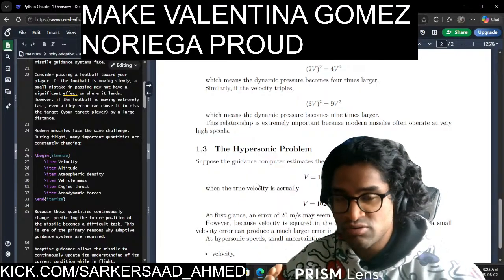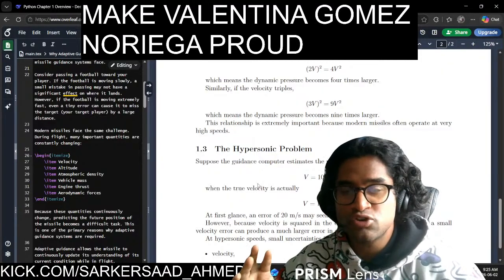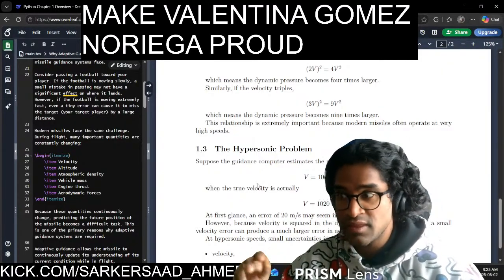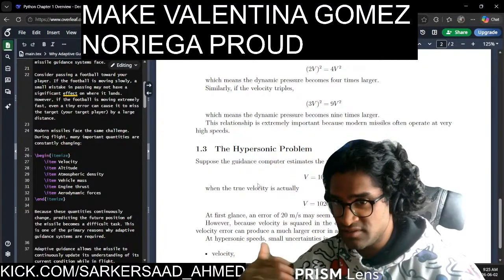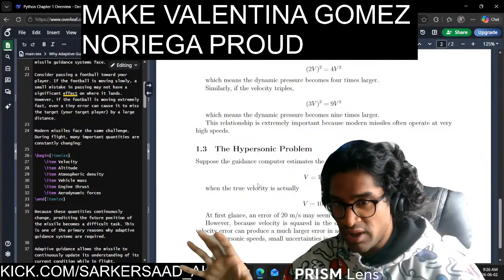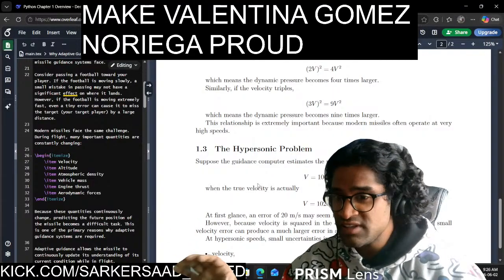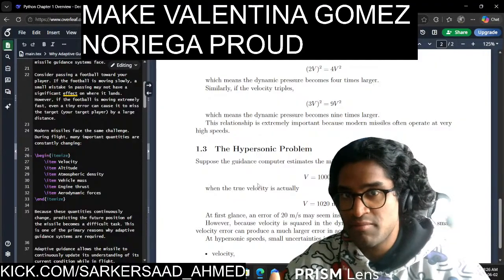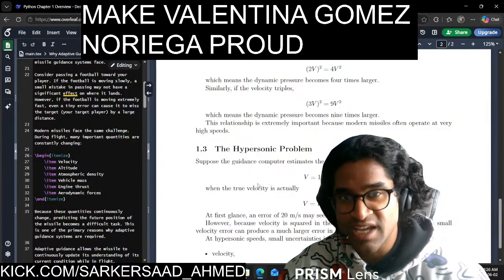Let's say for the first one Q is equal to half rho v squared, and for the second one Q is equal to half rho v squared. I'm only talking about the difference in velocity squared. It is 252,000. If you do Q equal to half rho v squared, you get one value, and for the other, another value. The velocity squared difference alone was 252,000.